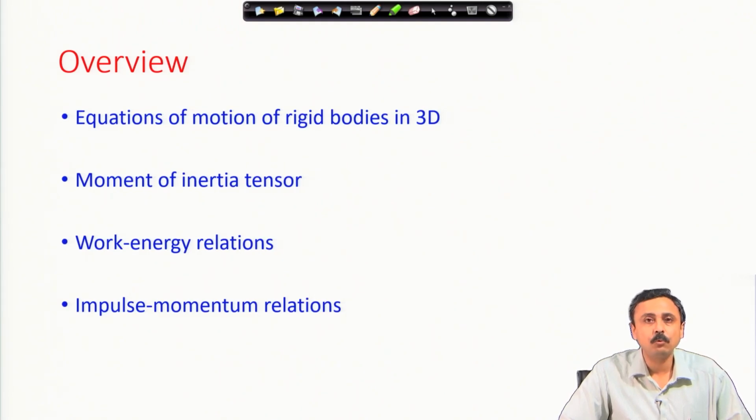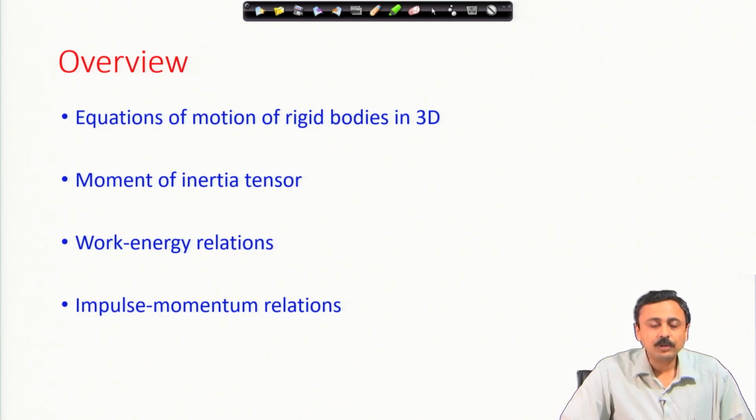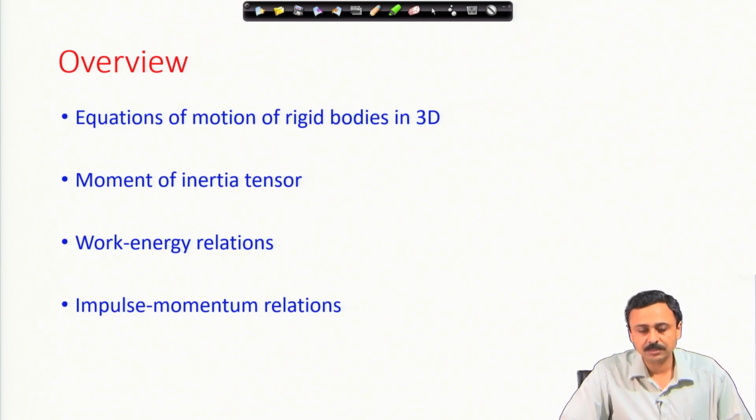We are going to see what new thing comes up when we represent them in general 3D motion. We are going to look at the moment of inertia tensor. Then from these equations of motion, we are going to derive the work energy relations and the impulse momentum relations.